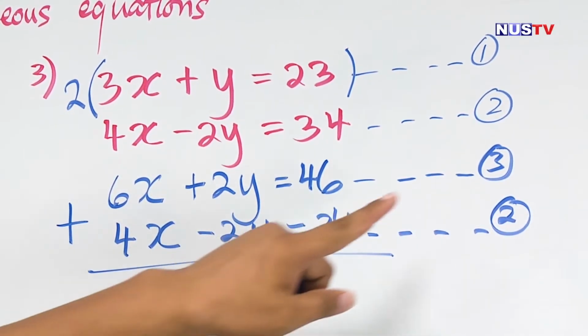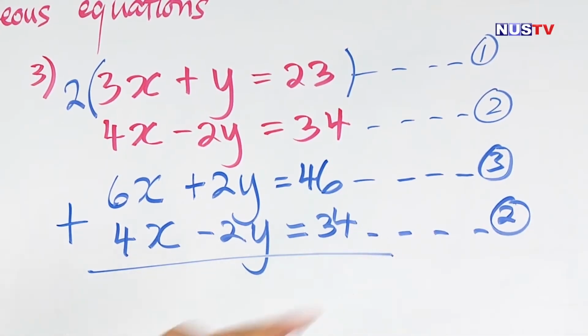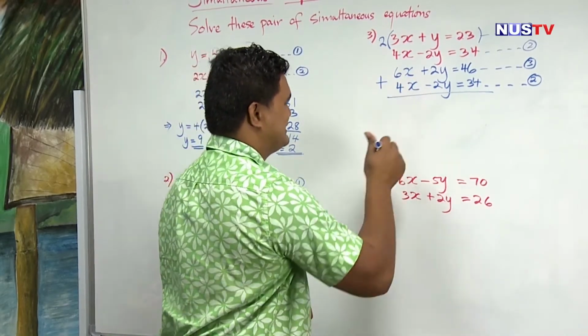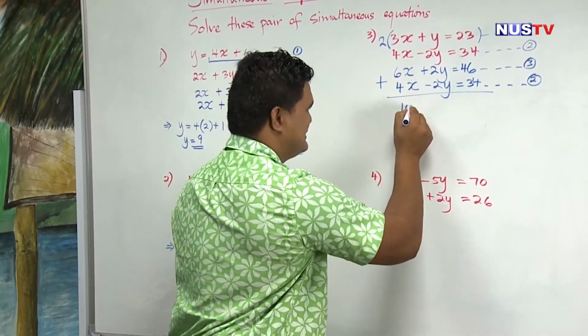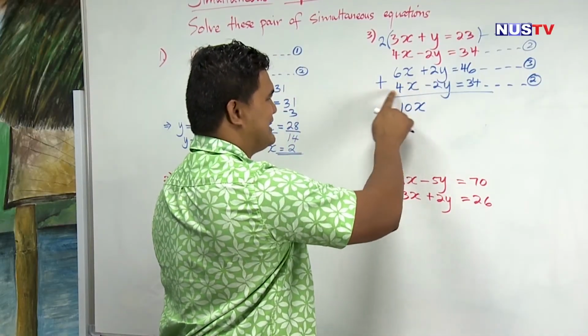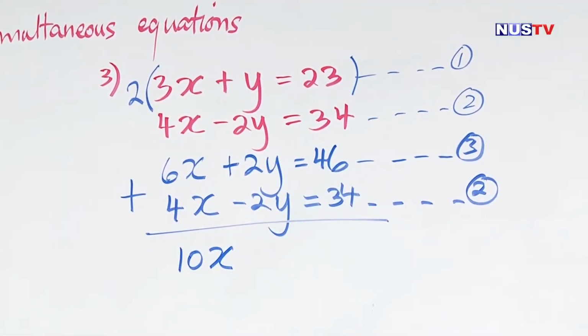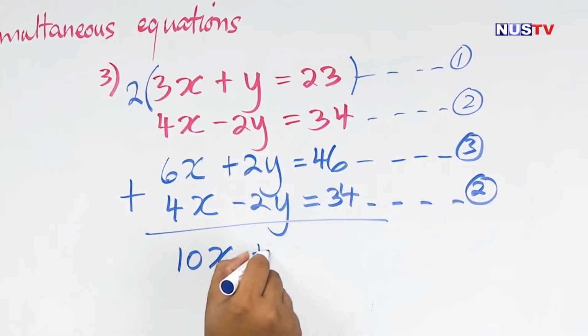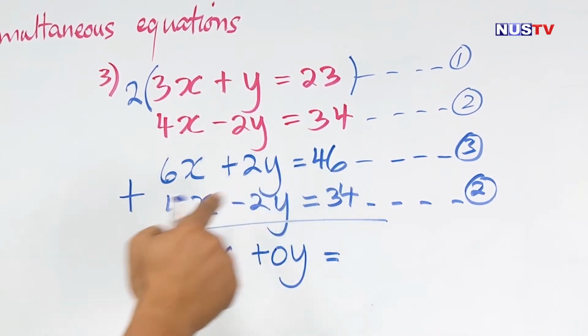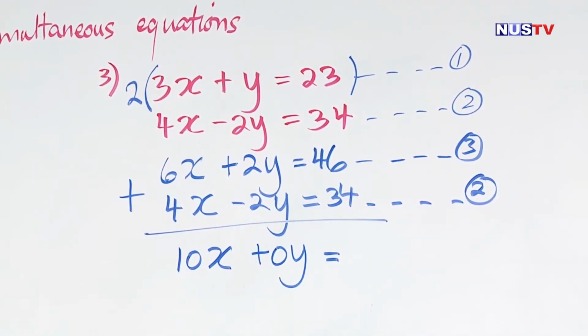So equation 3 plus equation 2. So 6x plus 4x, the answer here will be 10x. 2y plus negative 2y, that will be 0y. So let's put 0y here. And 46 plus 34, that will be equal to 80.